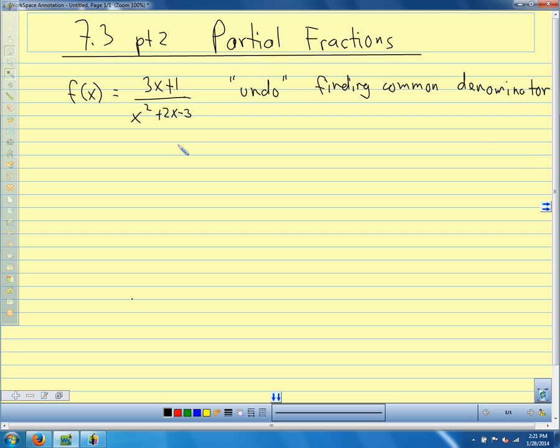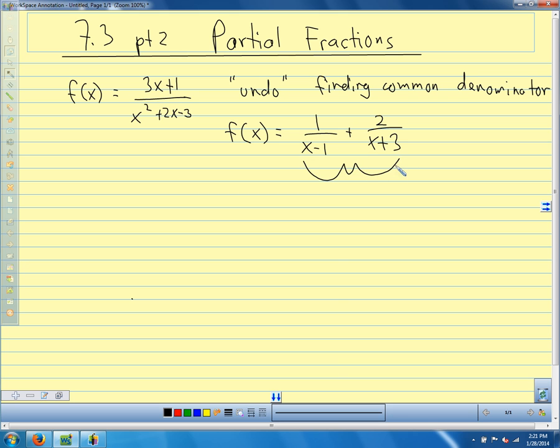So we want to take this fraction back into pieces. If we were to do that, and we'll talk about how we do it today, we would find that f of x equals 1 over x minus 1 plus 2 over x plus 3. So if we took it apart, this would break apart into these two fractions.